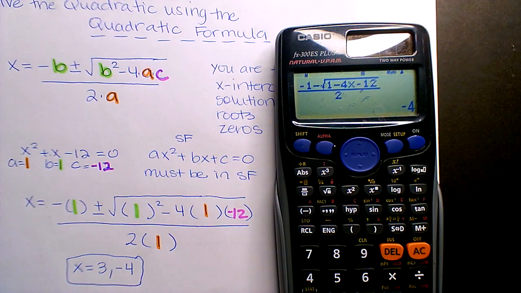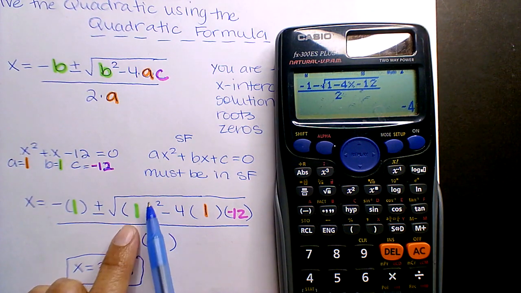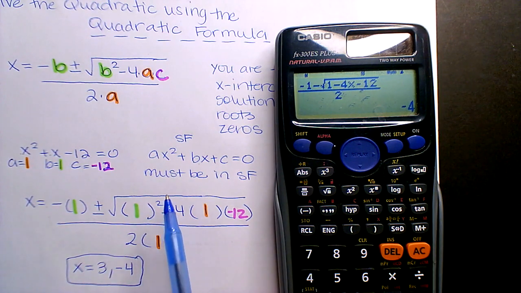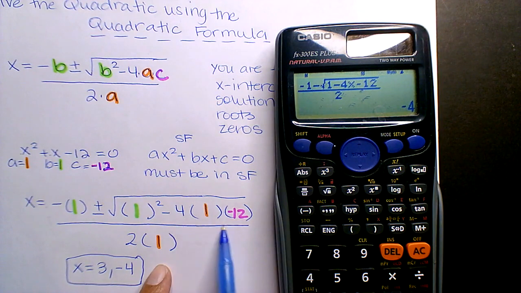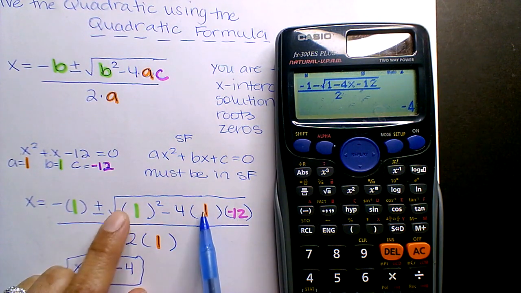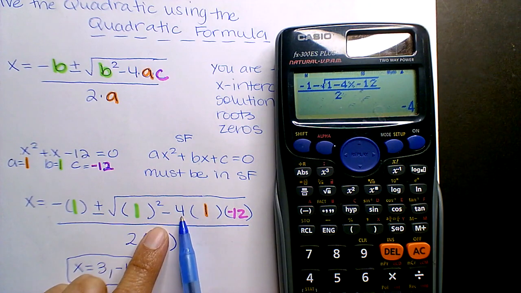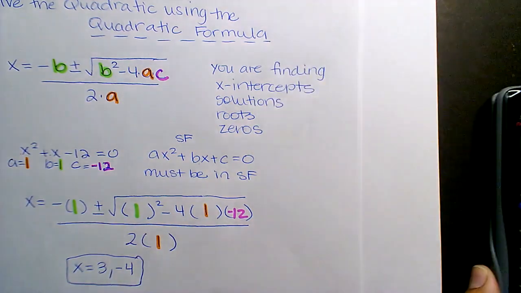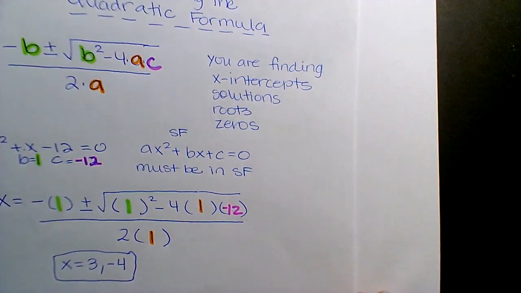But you have to make sure you honor the square, the negative, the multiplication. You square this b value, this is one big multiplication, 4 times 1 times negative 12, and then these two numbers are not multiplying, they're subtracting, okay?